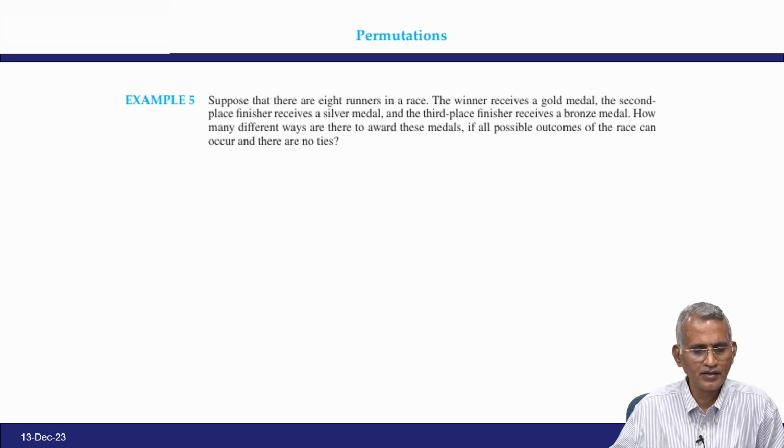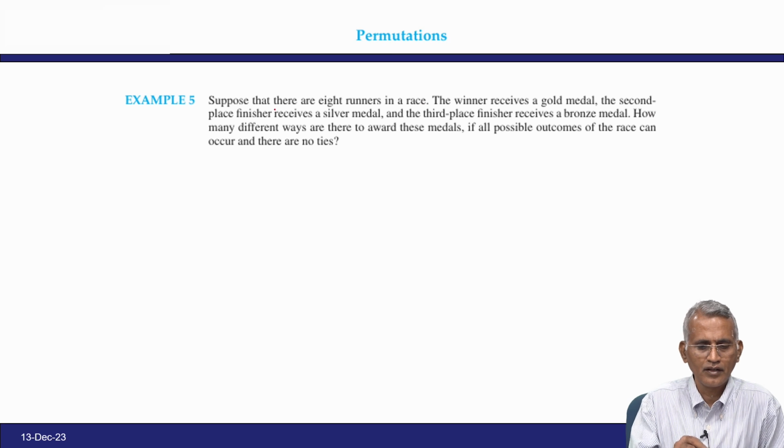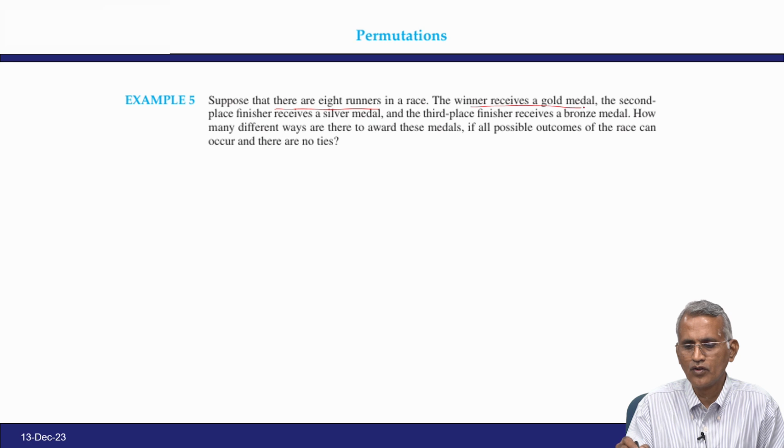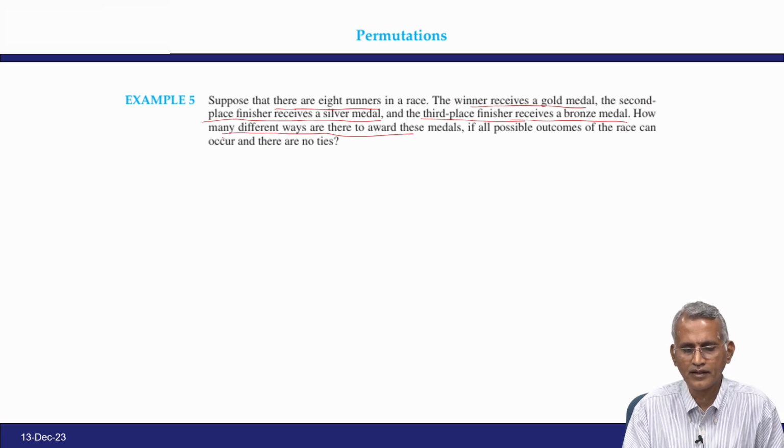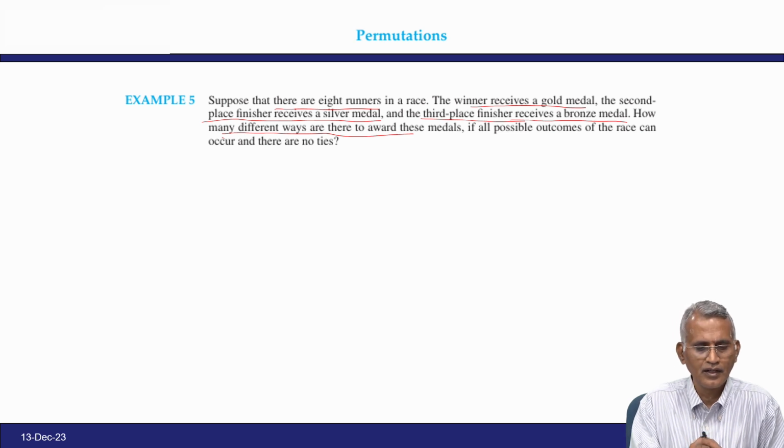And next example, suppose that there are 8 runners in a race. The winner receives a gold medal, the second place finisher receives a silver medal, and the third place finisher receives a bronze medal. How many different ways are there to award these medals, if all possible outcomes of the race can occur and there are no ties?